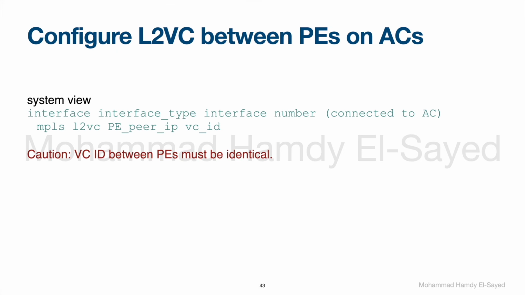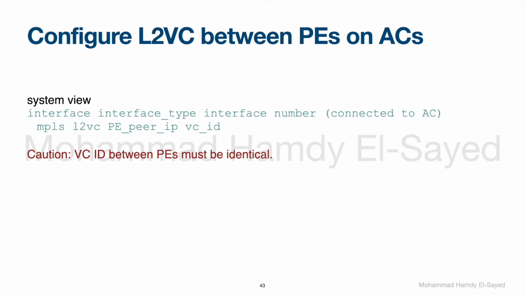Then we configured L2VC between PEs on ACs. As we said before, we mean AC as the attachment circuit, which is the interface between the PE and the CE router. We configured the layer 2 VC under system view by specifying the interface between the PE and CE.